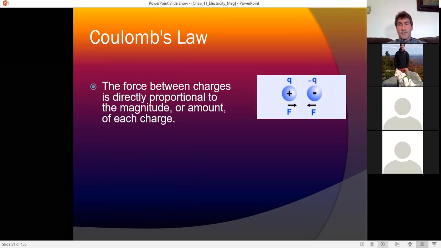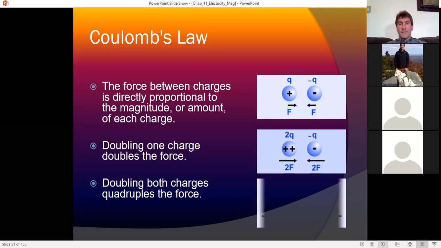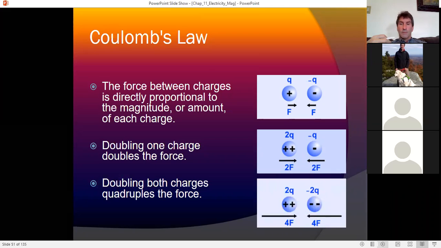So let's say we have a positive and negative charge. Each has some force of, I don't know, F newtons, okay? If I were to double the amount of charge on one of these, by Coulomb's law, the charge of one times the charge of the other is proportional to the force. By doubling the charge on one, I double the force. If I double the charge on both, now my force would be 4 times as great. 2 times 2 is 4.